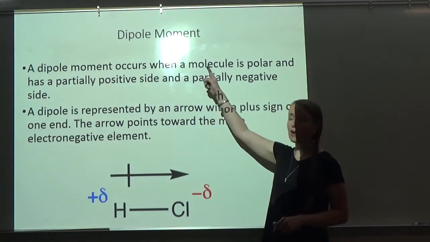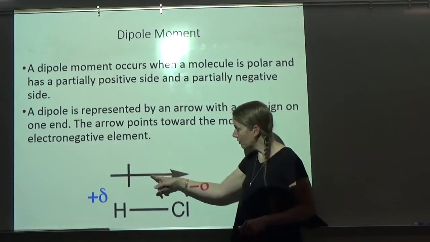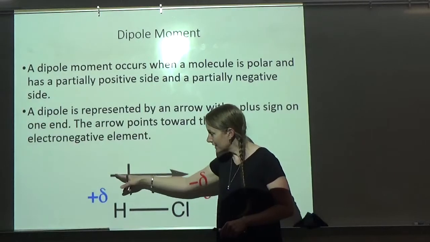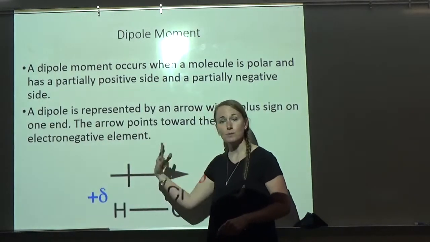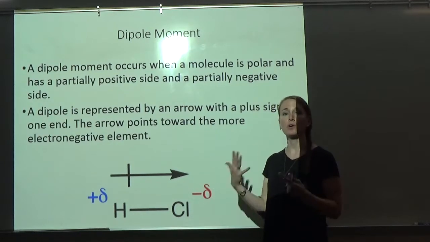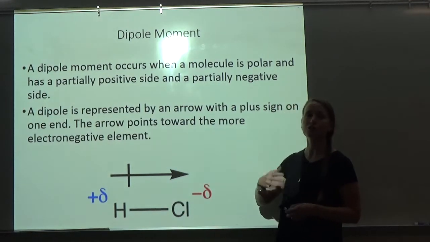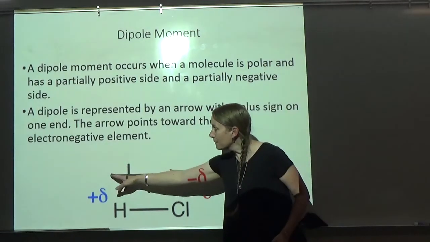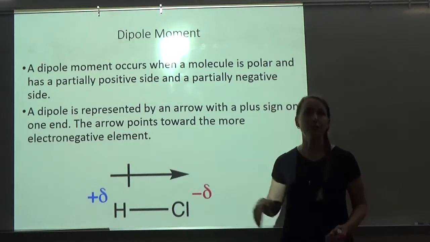If you're asked to draw a dipole moment, it's just an arrow with a positive on one end. The positive side goes with the atom that would be partially positive. The arrow points towards the atom that's more electronegative, because that's the direction in which the electrons would be pulled. So if they ask you to draw a dipole moment, this is what they're referring to.